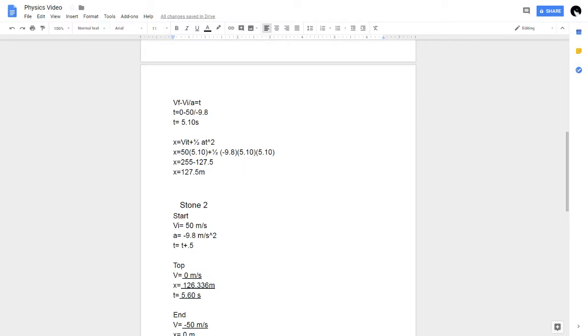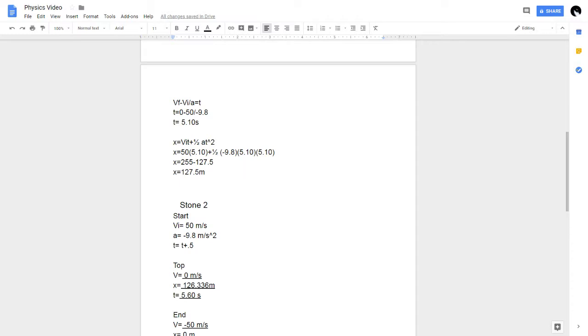Yep. So we're going to use that time that we just found, and we're going to find the displacement at the top as well. So we got our displacement equation that we plugged in the time for. It's the initial velocity times time plus 1/2 acceleration time squared. So we have 50 times the time, 5.10, plus 1/2, negative 9.8 times 5.10 time squared. What we should get for this first half is 255, and for the second half we should get negative 127.5.